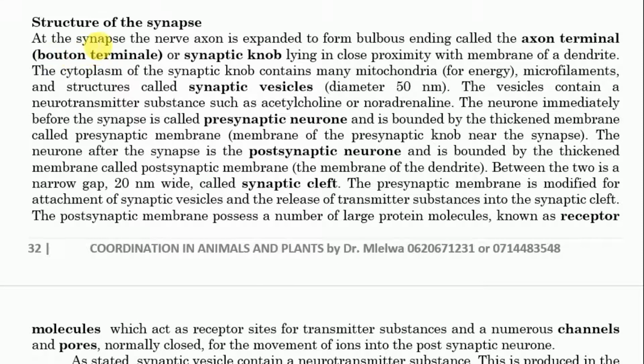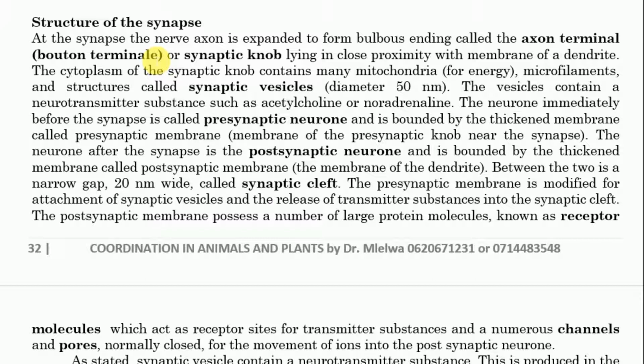So at the synapse, the nerve axon is expanded to form a bulbous end called the axon terminal, or by another name, the bouton terminal. As we know, we have the dendrites, then the cell body, then the axon.